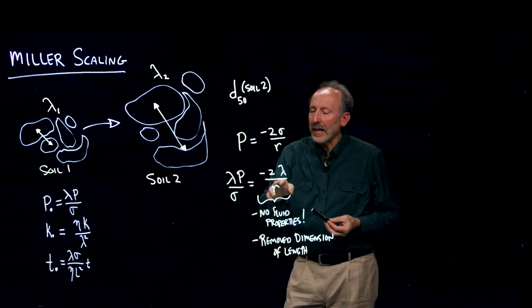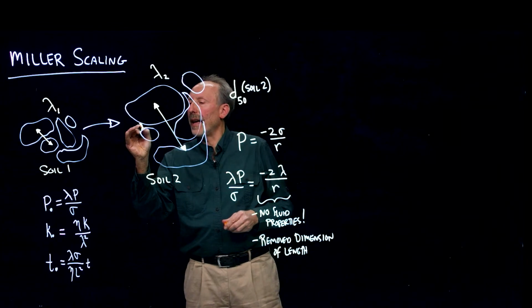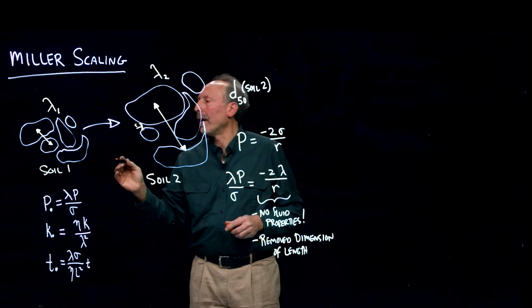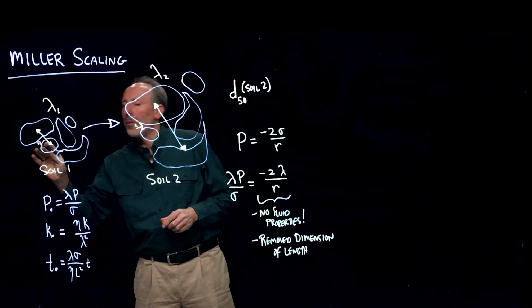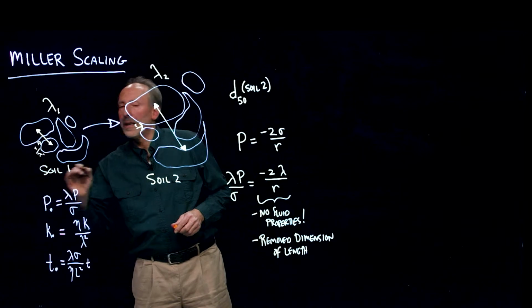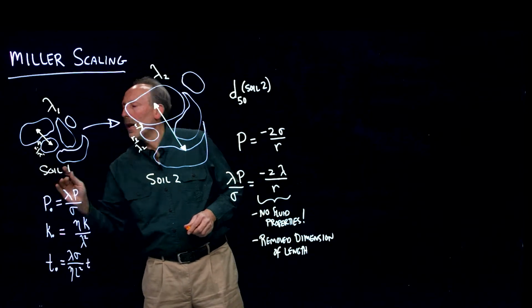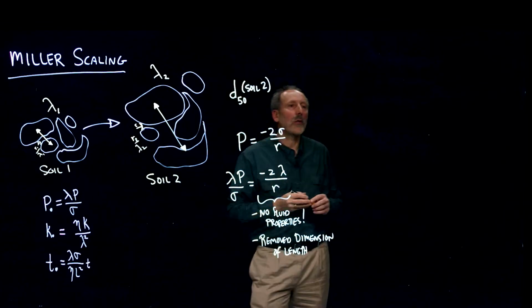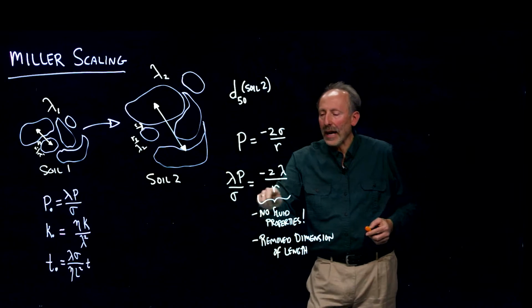So the radius of curvature, if we had, for example, a wetting surface in here, and it had a little value of R, then if we went here and looked for the similar one, we would say, aha, the R over lambda 1 is the same as this R2 over lambda 2 for similar systems. So a critical thing is that we have this geometric similarity, and here's how we've captured it.